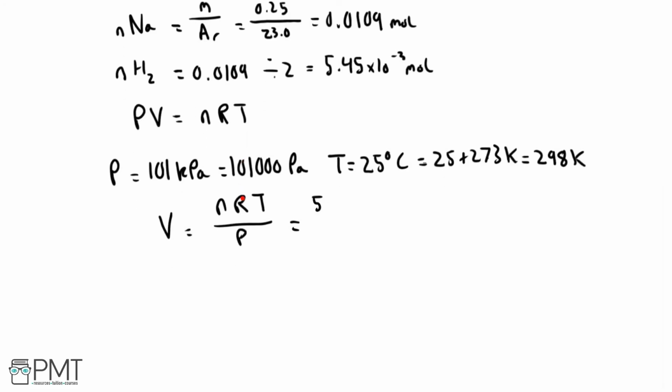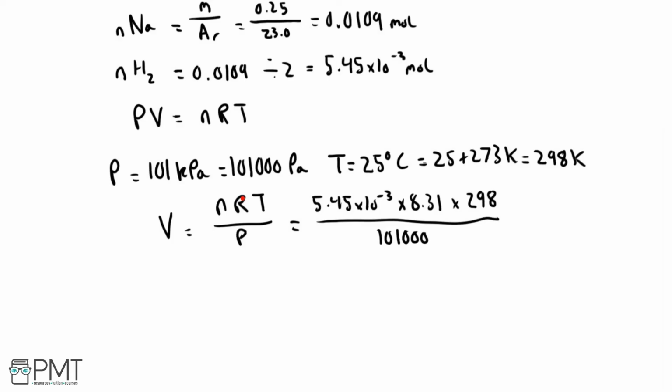So we have 5.45 times 10 to the minus 3 multiplied by 8.31 multiplied by 298 divided by 101,000.